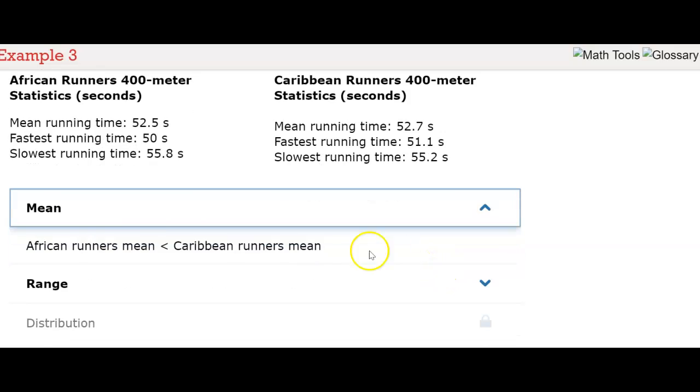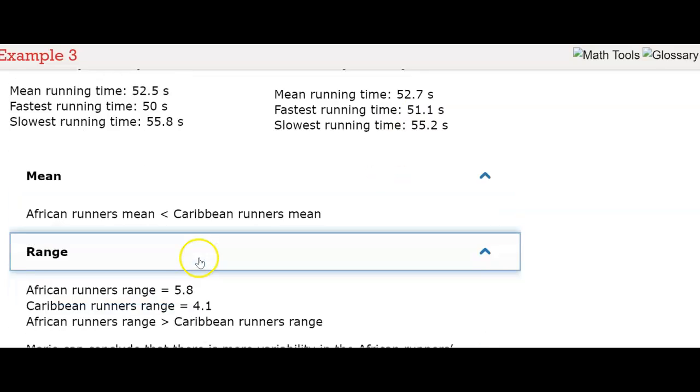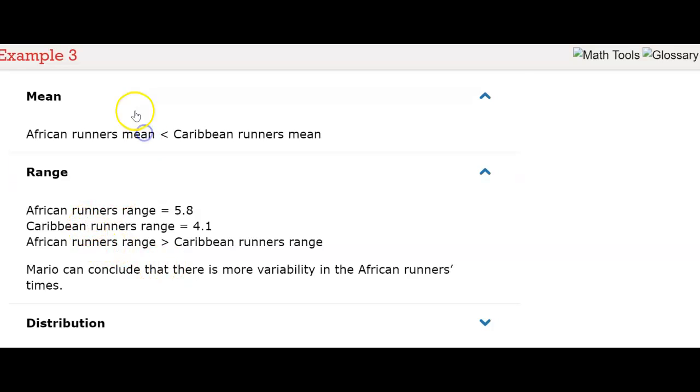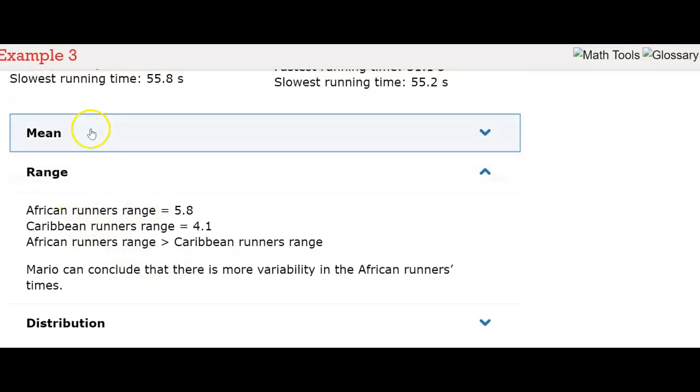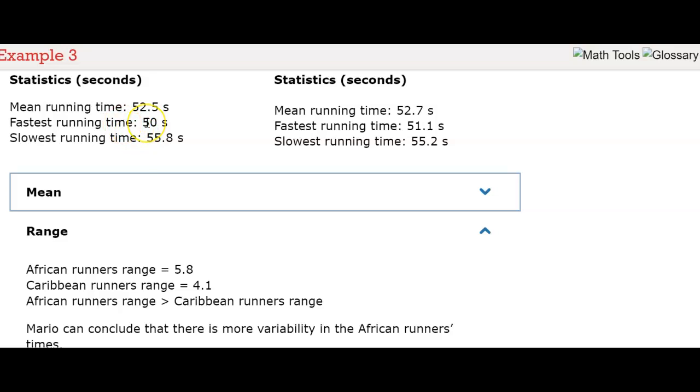And then you have your mean. The African runners' mean here is less than the Caribbean runners' mean. Then you have your range. The African runners' range would be their slowest time subtracting their fastest time, and their range is 5 and 8/10 for the African runners and 4 and 1/10 for the Caribbean runners.